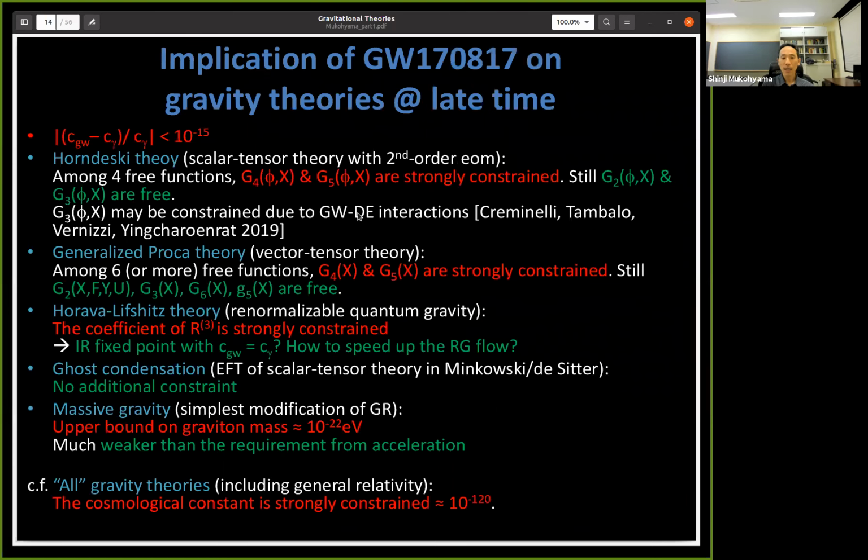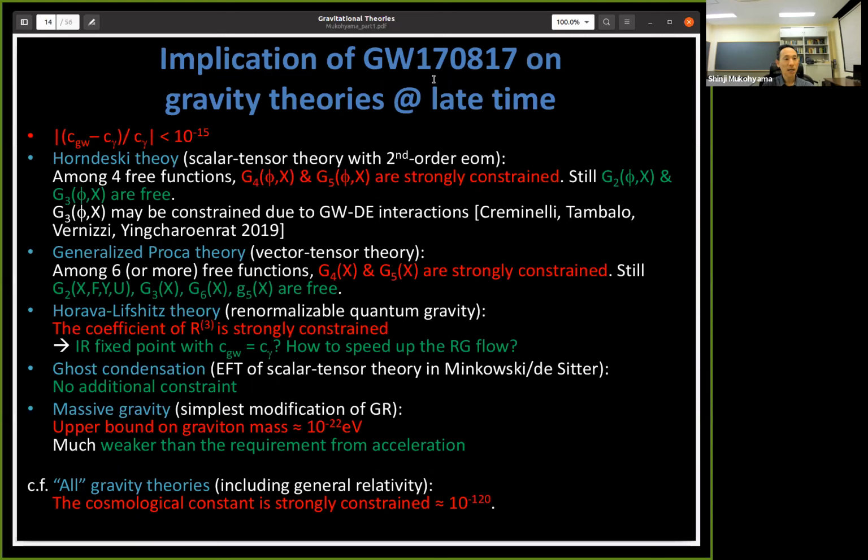Before ending the introduction, I'd like to mention briefly the implication of this very important event, GW170817, on gravity theories at late time. Of course, this doesn't tell us about gravity in the early universe, but at late time, this can tell us important things.